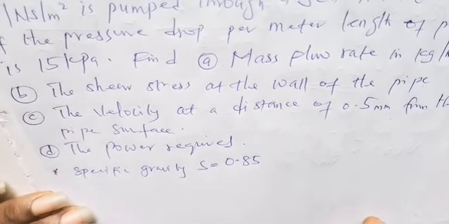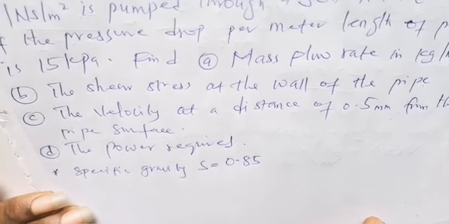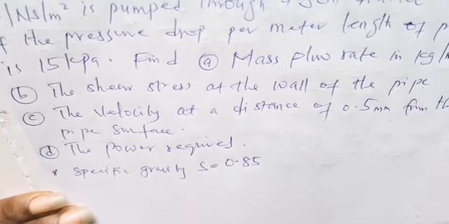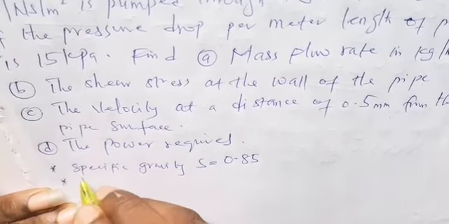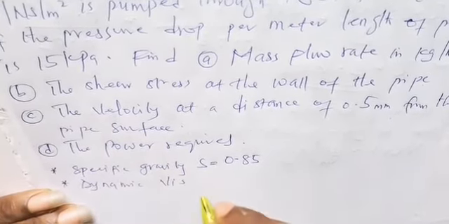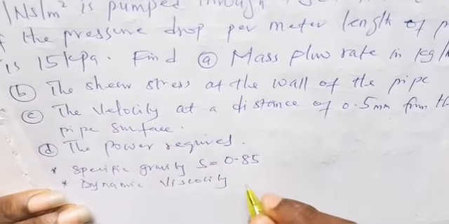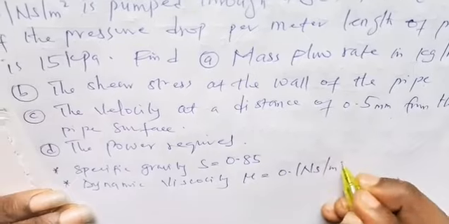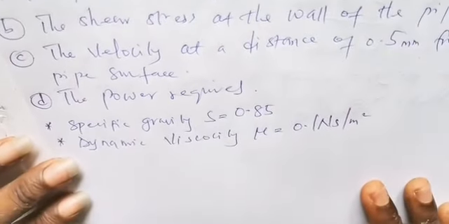So take note, when the viscosity is expressed in Newton seconds per meter squared, it is actually dynamic viscosity. So we have dynamic viscosity mu as 0.1 Newton seconds per meter squared.